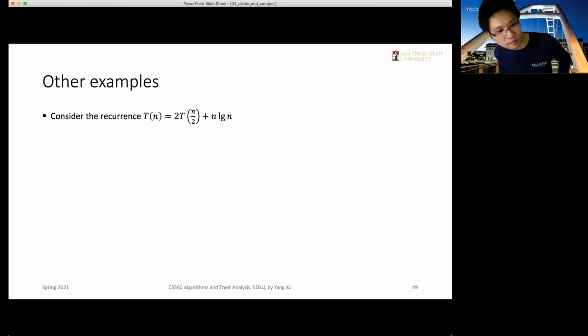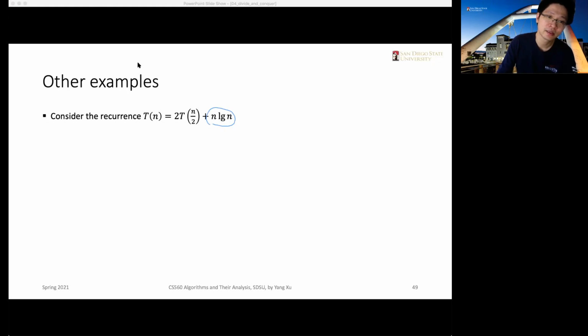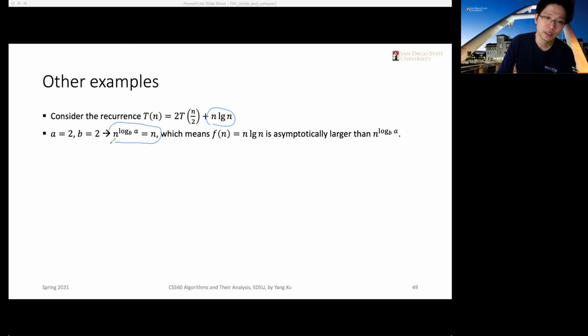Now let's consider these recurrences. So it's quite a big difference, right? The driving function f of n here is n times logarithm of n. So now let's do the computation. a and b are still 2, which means the polynomial function is n.